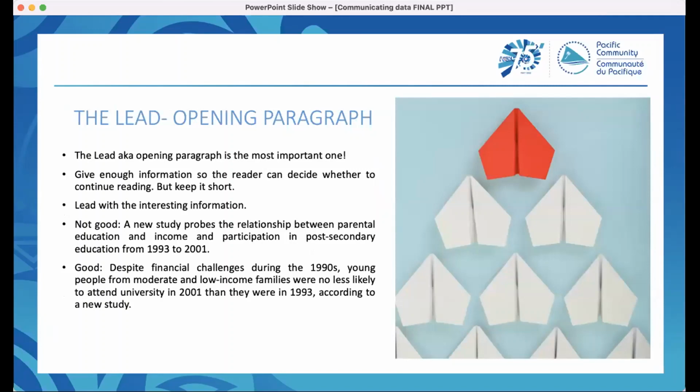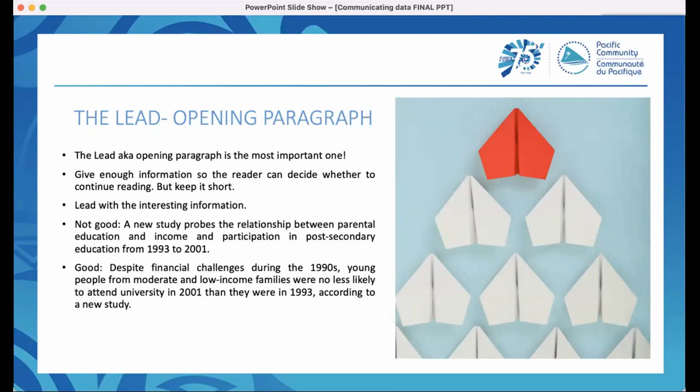What are the elements of a media release? There's many, but one of the most important parts of a media release is the opening paragraph, sometimes called the lead. This opening paragraph should contain your most interesting information to hook or interest the reader, aka the journalist in this instance, to make them want to continue reading and to cover your story.